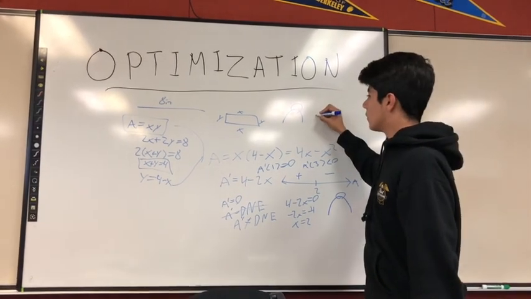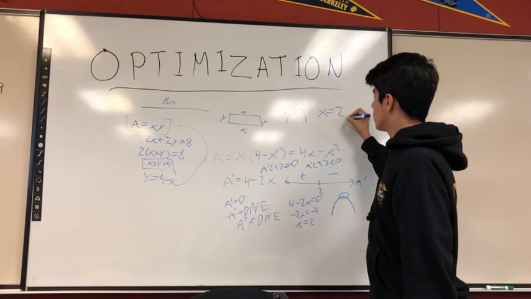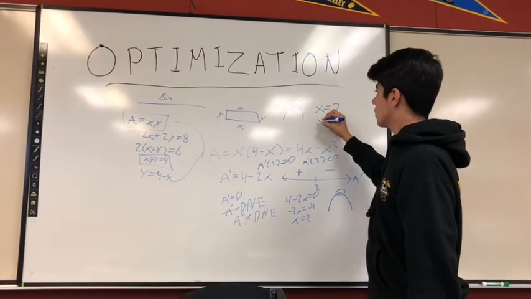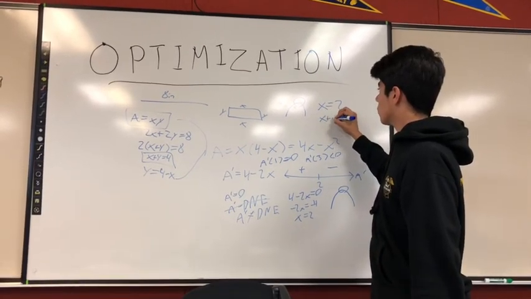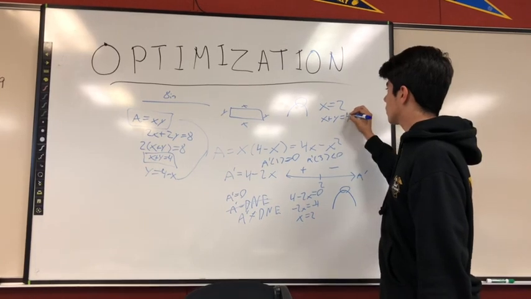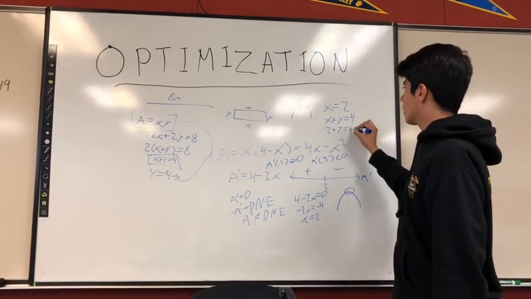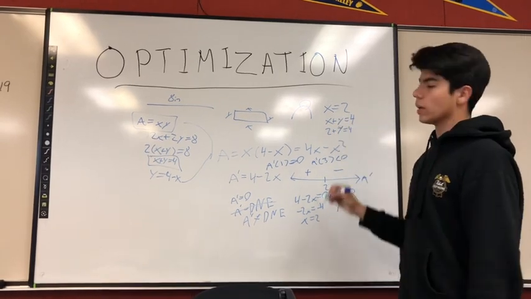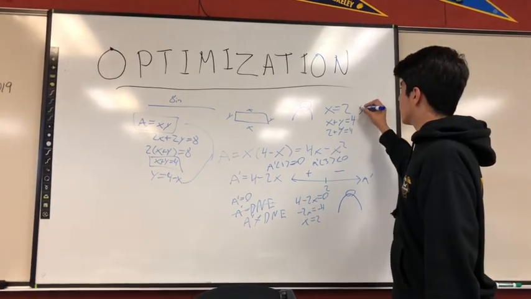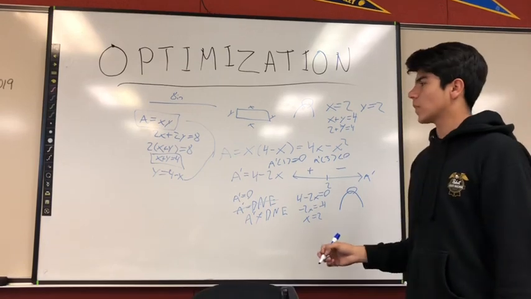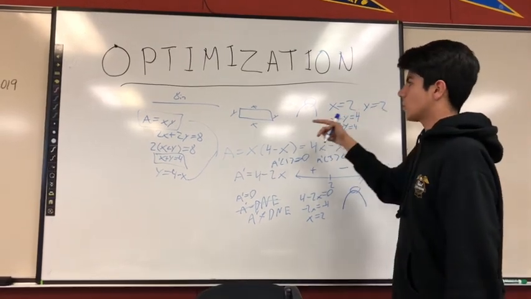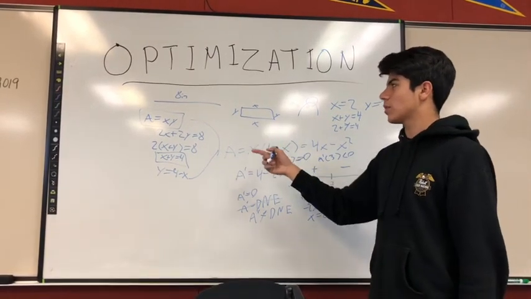If x equals 2 and our x plus y equals 4, that means we plug this in. Hopefully everyone can see that y is also equal to 2. And if we take our area here, 2 times 2 is 4, and so our maximum area is 4.